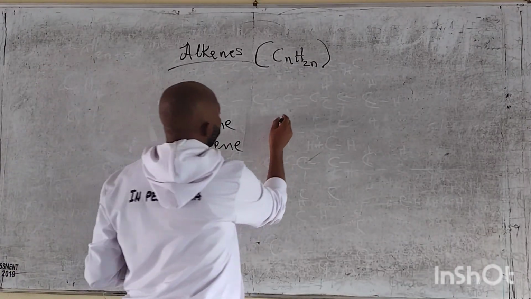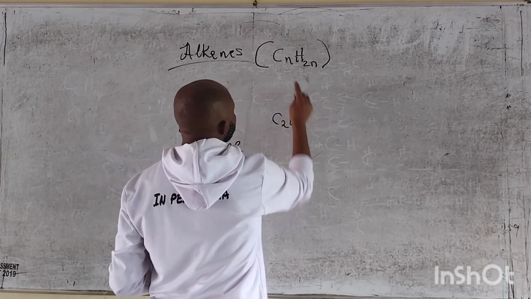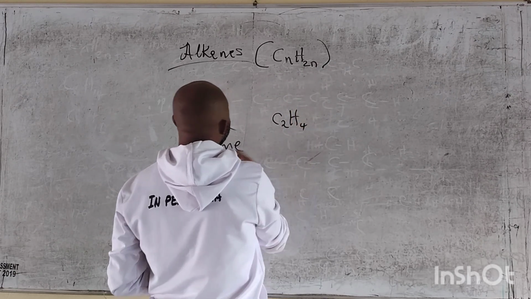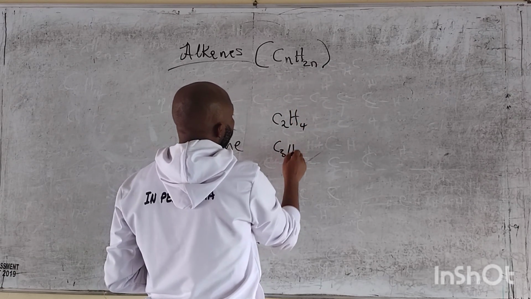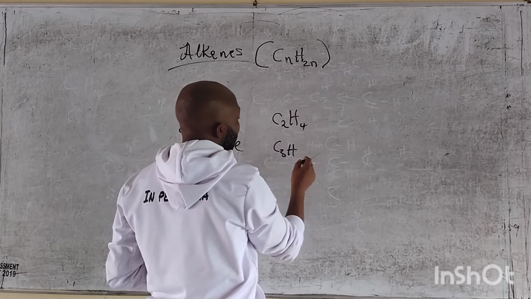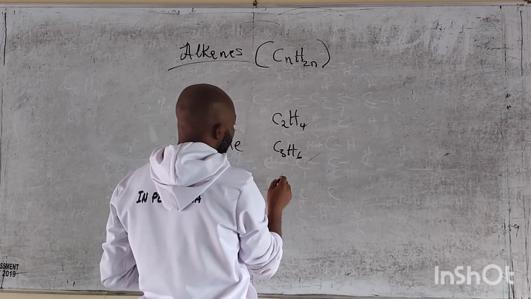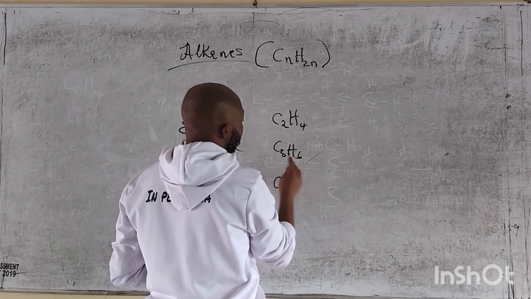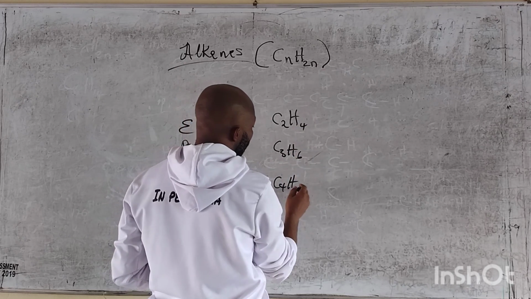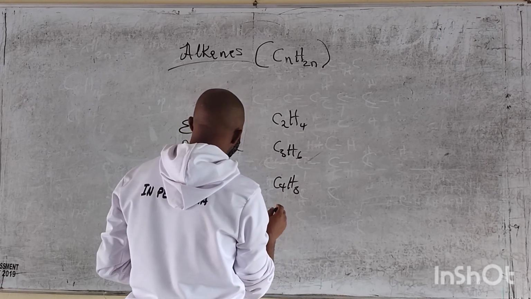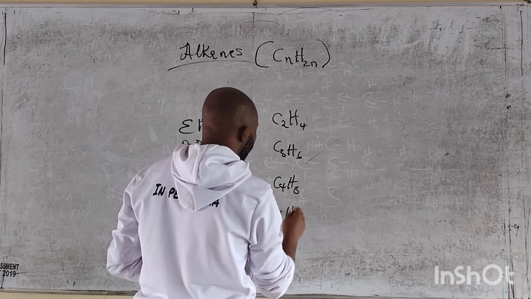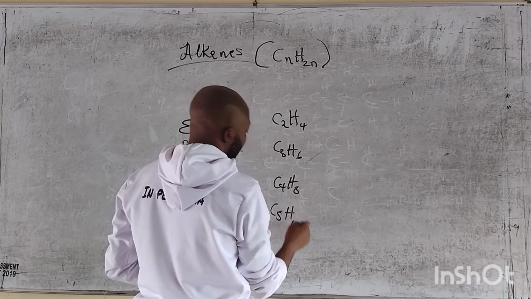So now I have C2H2 times 2, C2H4. Propene, C3H2 times 3, C3H6. Butene, C4H2 times 4, C4H8. And pentene, C5, 2 times 5, H10.